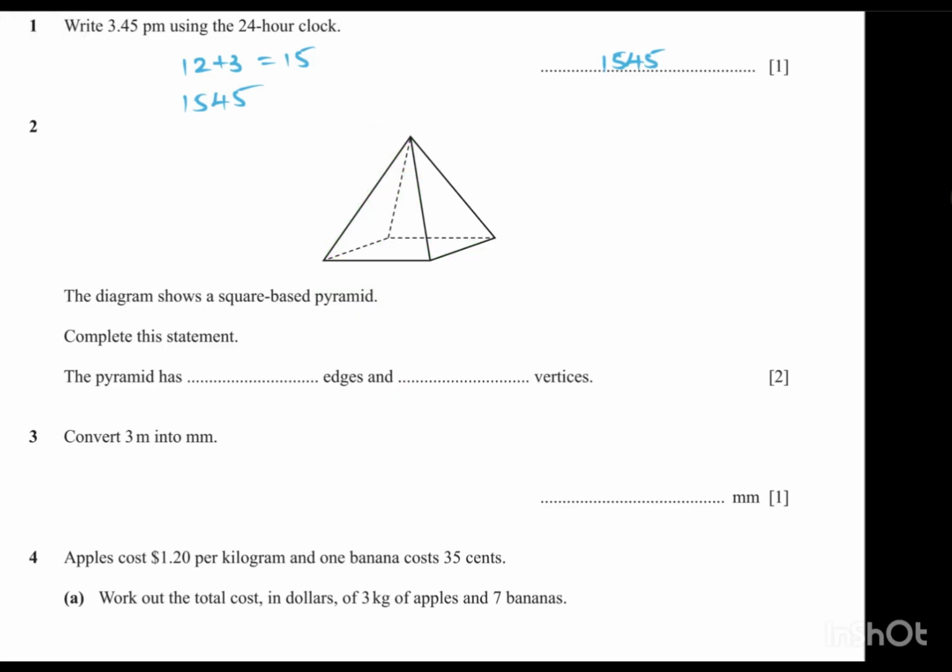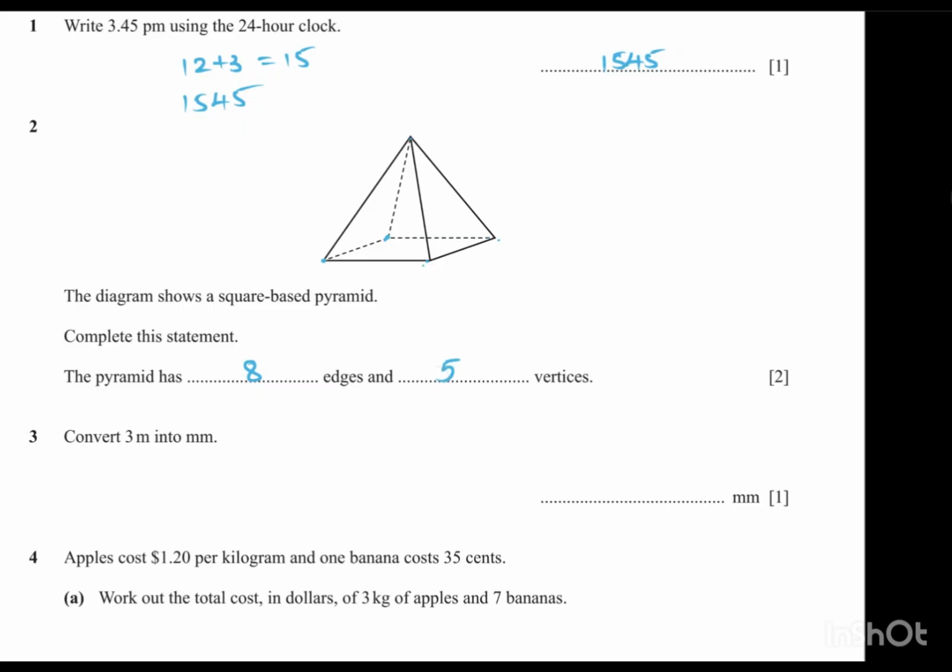So it is 8 edges. 4 plus 4, 8 edges. And vertices are those points where all the edges meet. The vertices at the bottom are 1, 2, 3, 4, and one more on the top, that is 5. So it is 5 vertices.